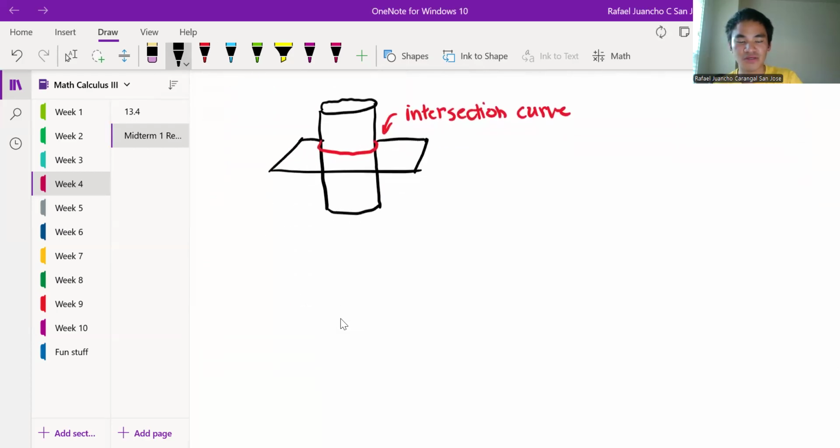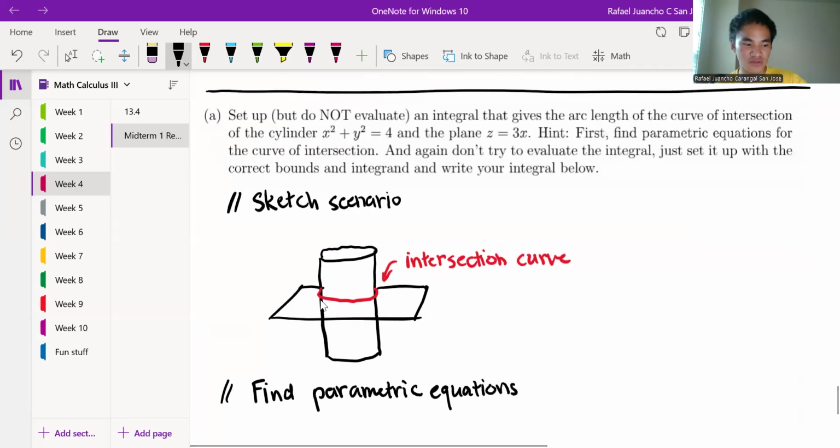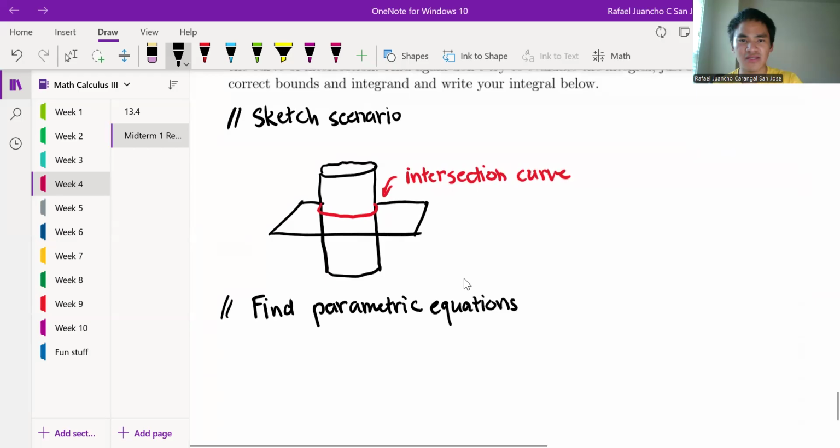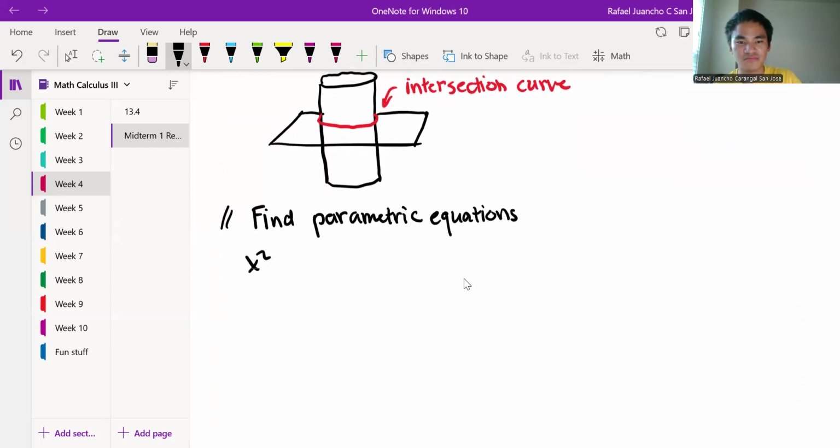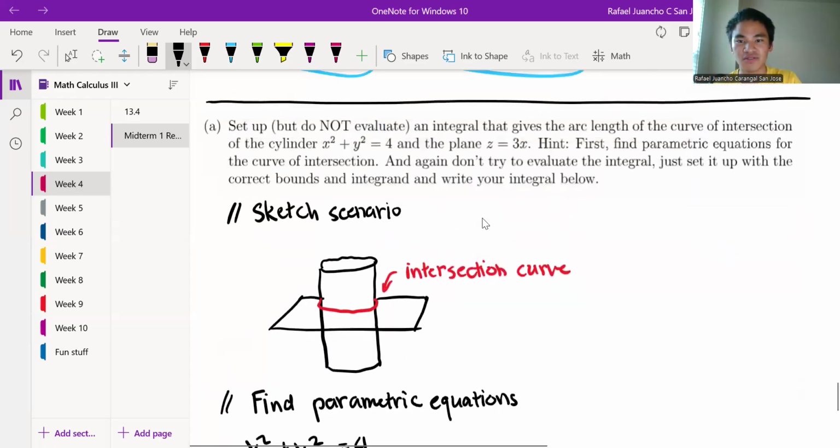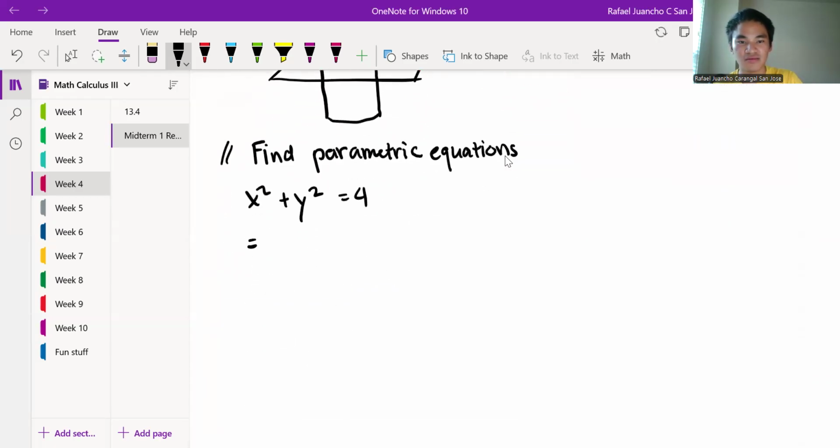Well, okay. Well, we want to intersect, basically, right? So the way we're going to intersect is, well, we need the two equations of the two surfaces, right? So we have a cylinder here, and we also have the surface equation of a plane, where I wrote z equals 3x.